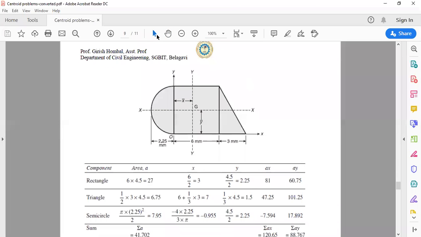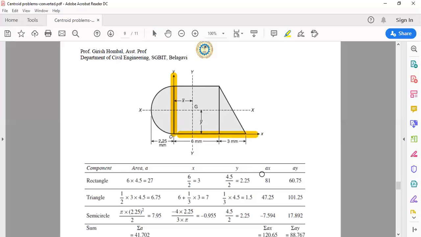So in today's class, I have taken up a problem wherein you have the reference x-axis and reference y-axis in the set position. You can see that you have the reference y-axis here and the reference x-axis here.